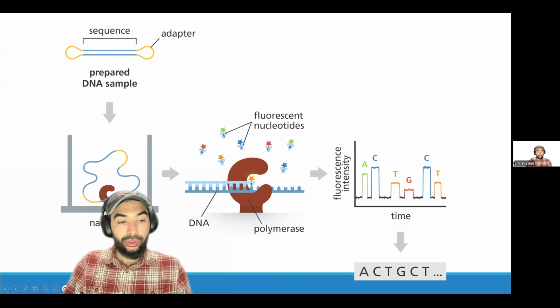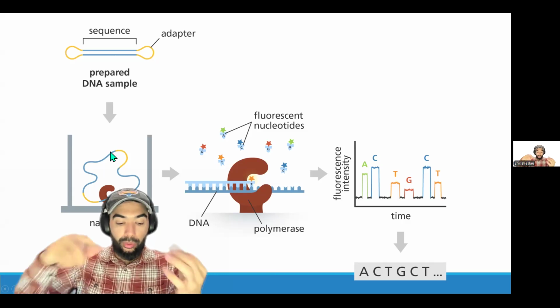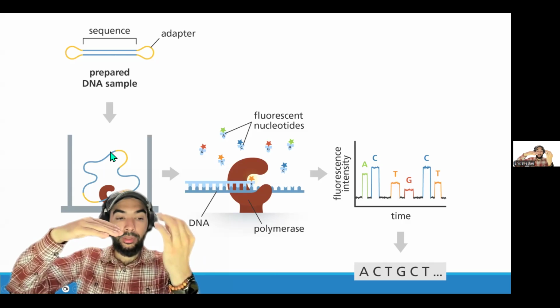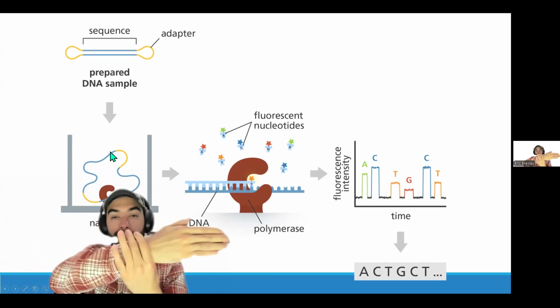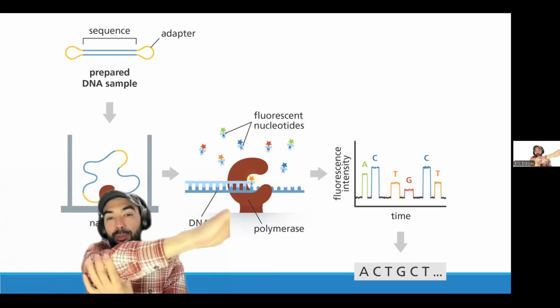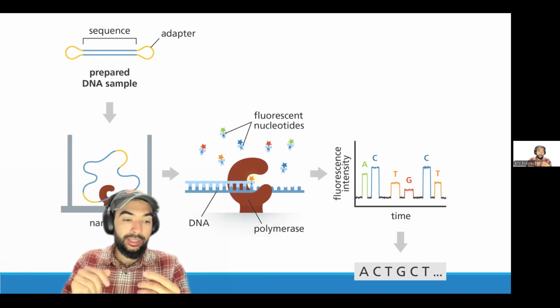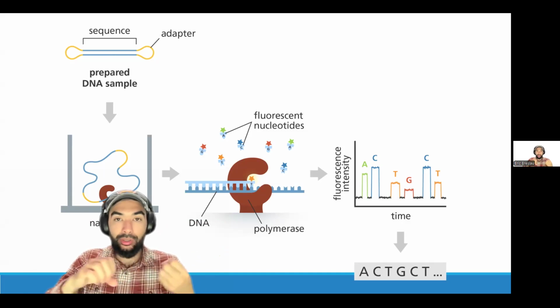Add your DNA sample to your chip or glass slide, and those fragments will fall into those wells. DNA polymerase will grab onto that circular fragment and pull the sequence of DNA through, sequencing that circular DNA and making copies of it.